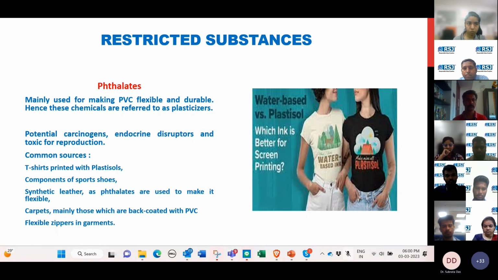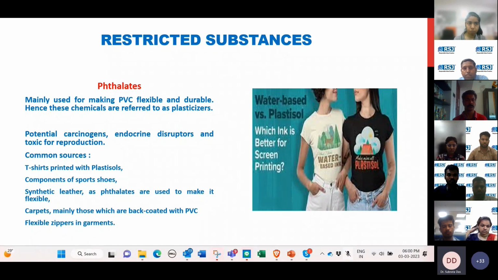That's why people always prefer phthalates in prints. But what is the problem? If anybody uses phthalate in a printing ink or printing material, then it can cause cancer. It is again an endocrine disruptor and toxic for reproduction.